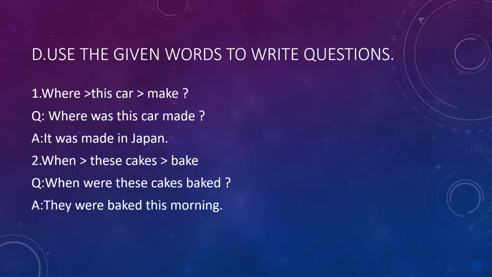Number 5. When our school built. When was our school built? Number 6. When these photos take. When were these photos taken? Where this photo take? Where was this photo taken? When this picture paint? When was this picture painted?